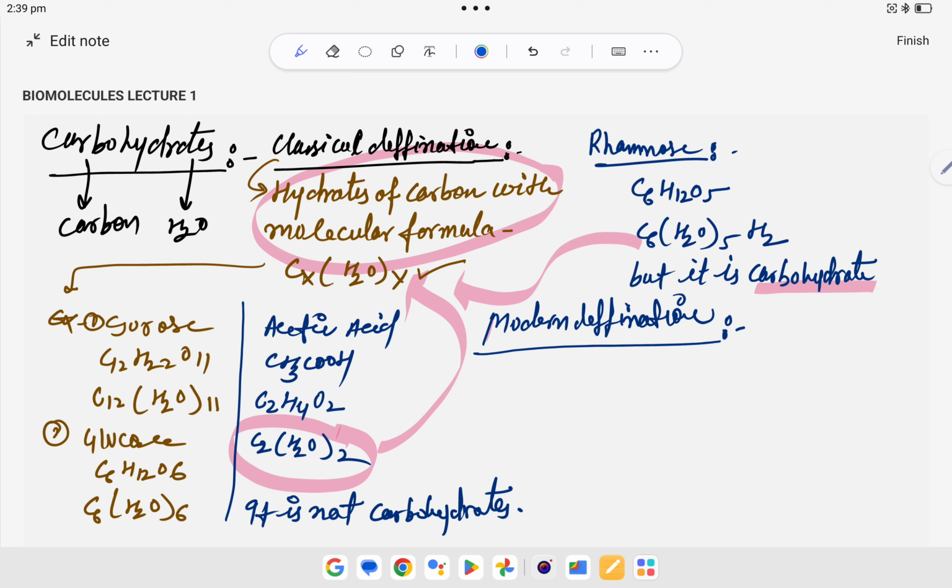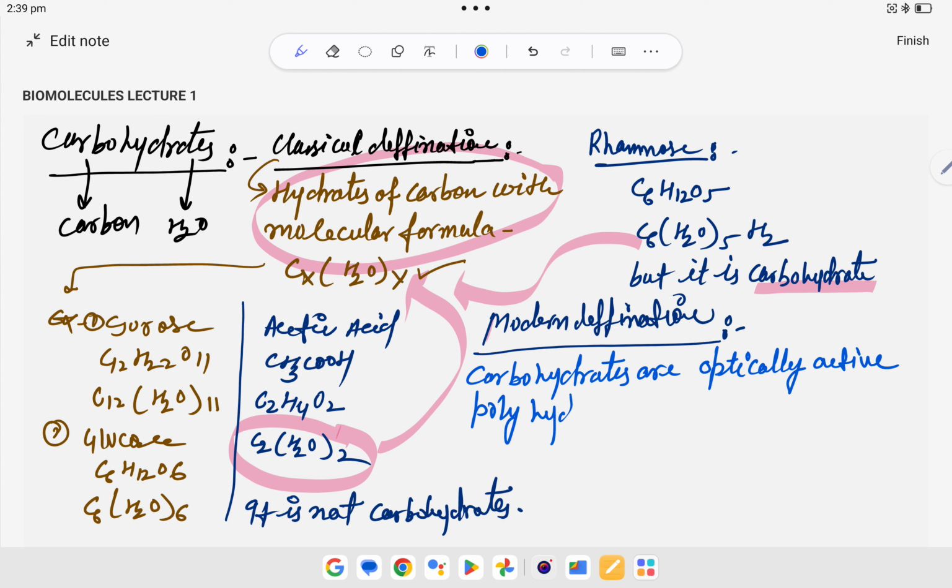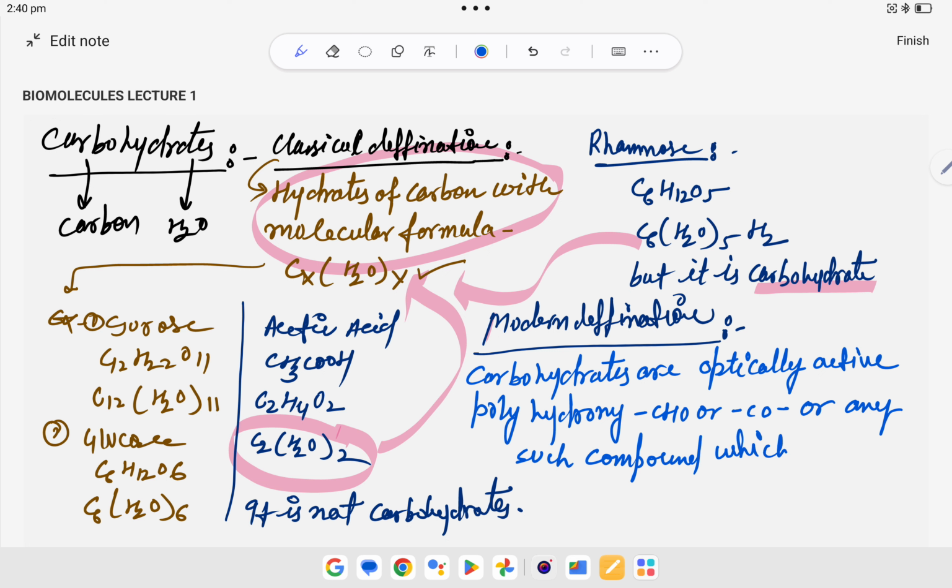Carbohydrates are optically active polyhydroxy aldehydes or ketones, or any such compound which produces these on hydrolysis.